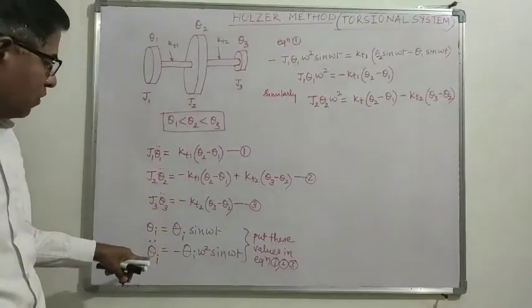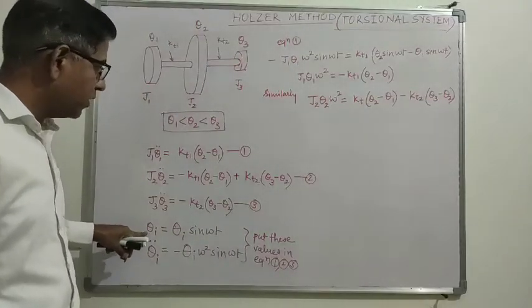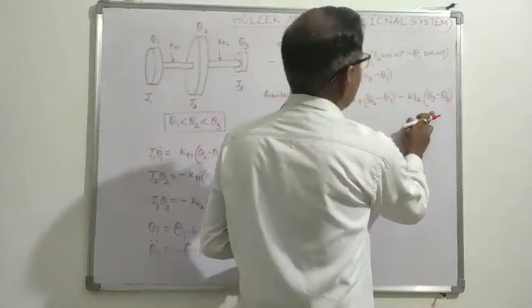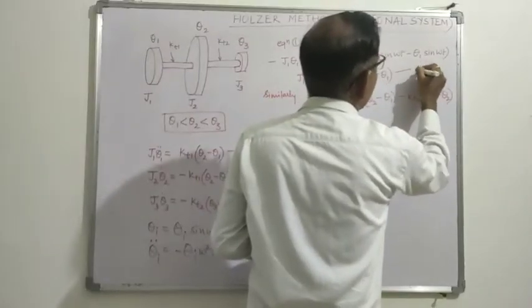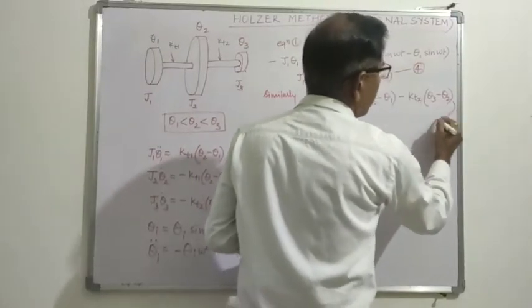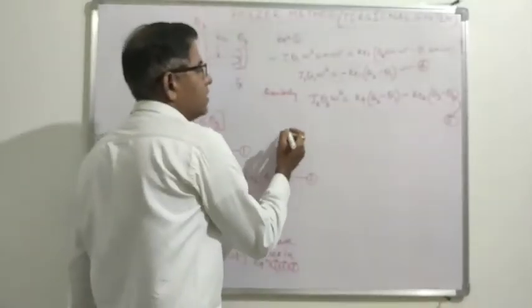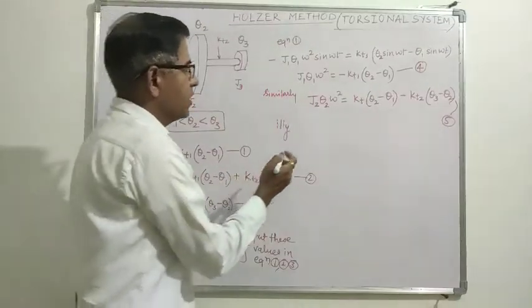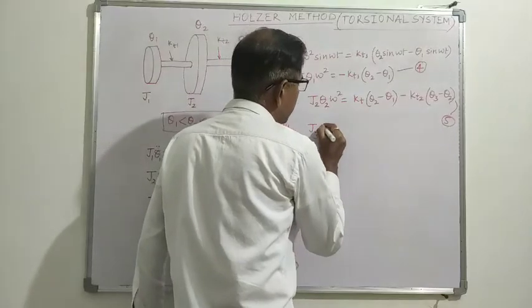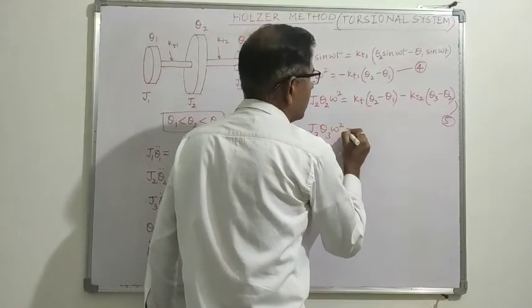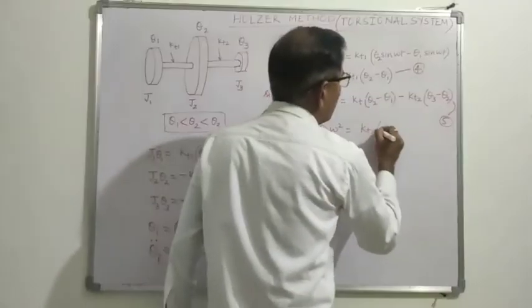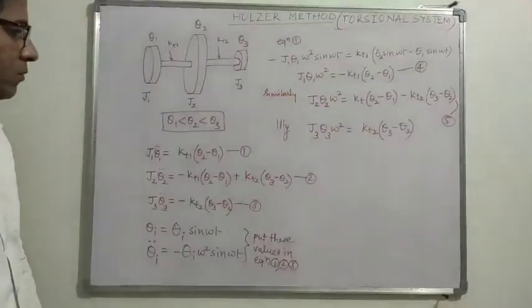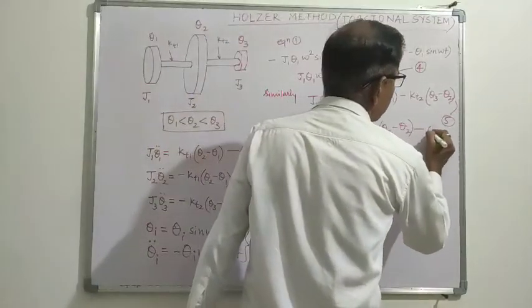So if you put the values of theta 2 double dot and theta 2 in equation number 2, it will become something like this. So this is equation number 4, this is equation number 5, and similarly equation number 3 becomes J3 theta 3 omega square is equal to KT2 (theta 3 minus theta 2). So this is equation number 6.